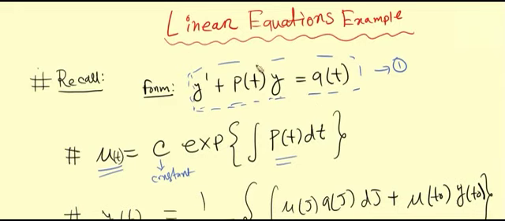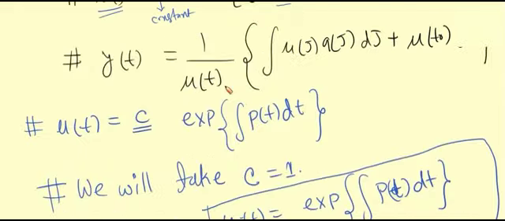This example will be a lengthy example because it will also show us, if this equation is not in the standard form, that is on this form like 1, how we can make it into a standard form. That is, given the equation, you do some algebraic manipulation and bring this given equation into the standard form. Then you identify your p and q's, and then you go on and solve them.